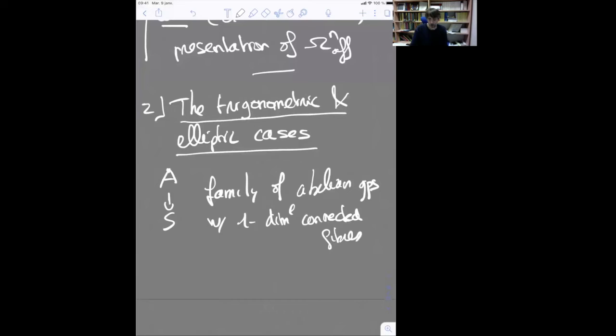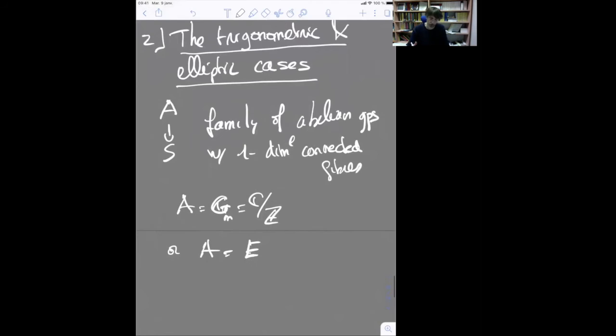So, in brief, either A is the multiplicative group, which I will prefer to see as C mod Z, because then you average by Z, not a lattice, but at least a discrete subgroup, or A is an elliptic curve, or a family of elliptic curves.